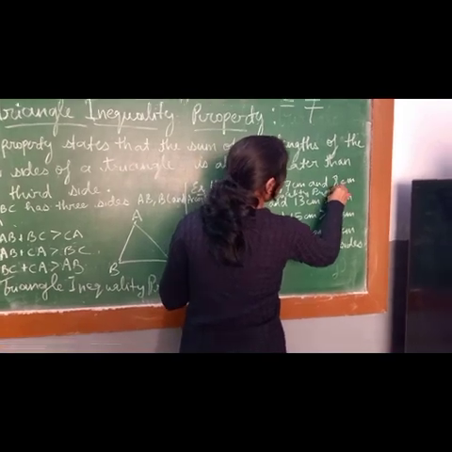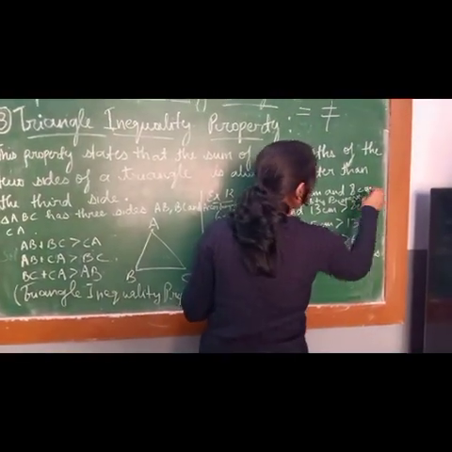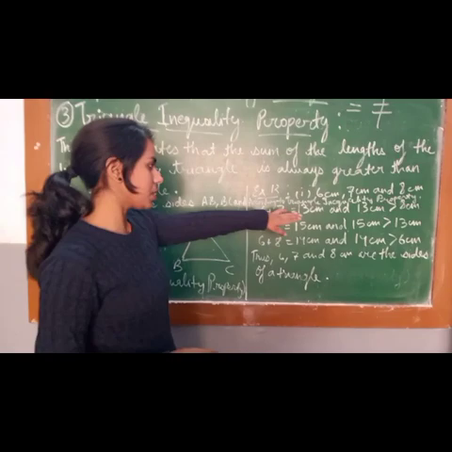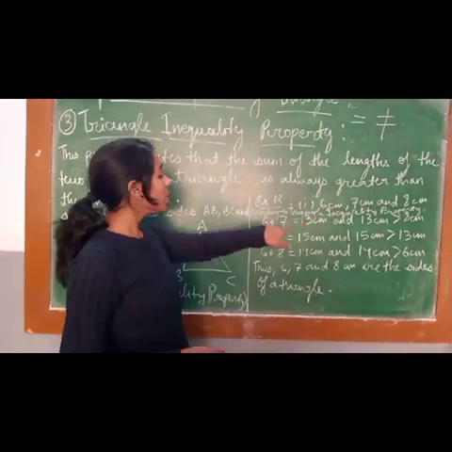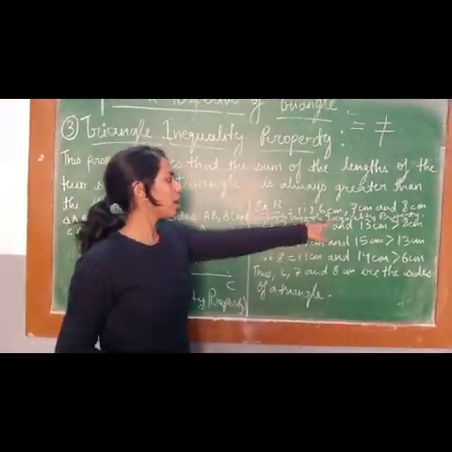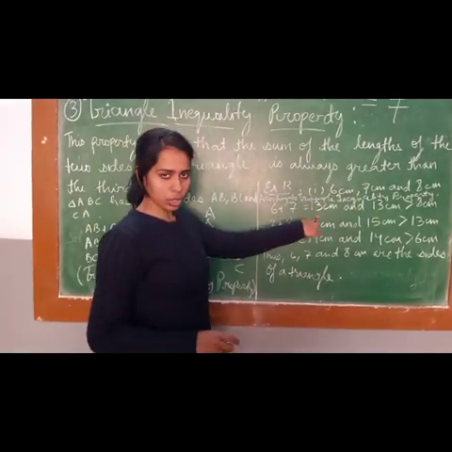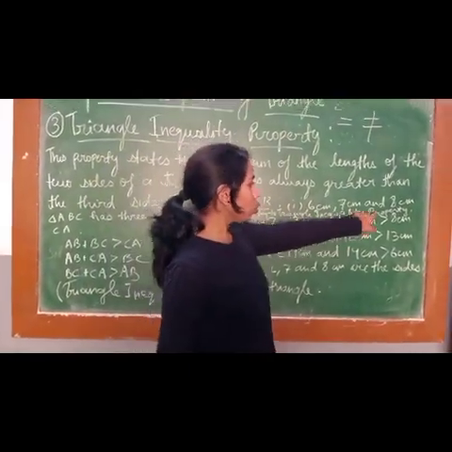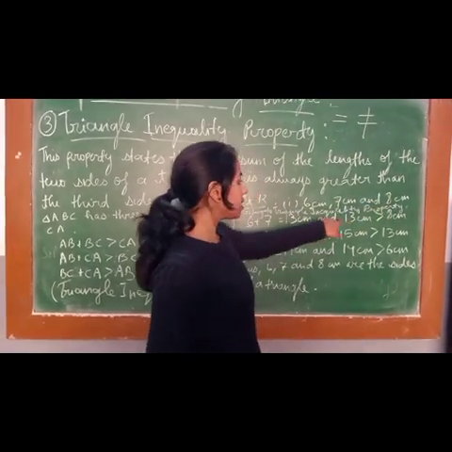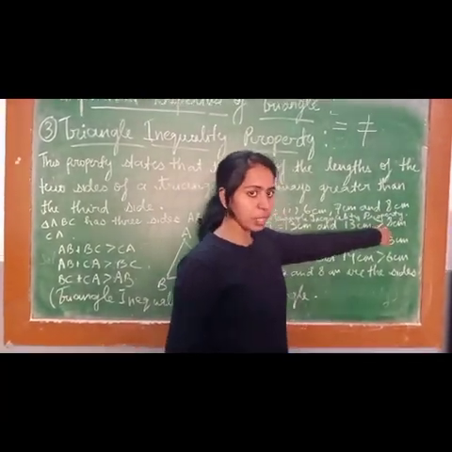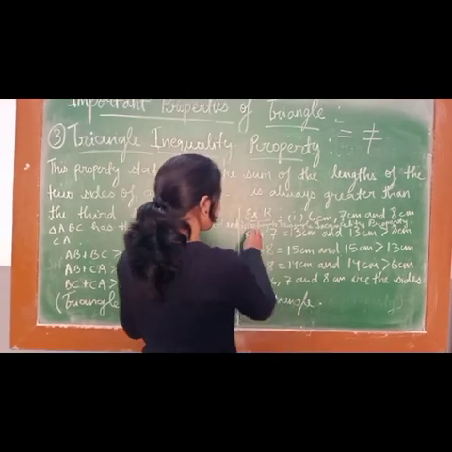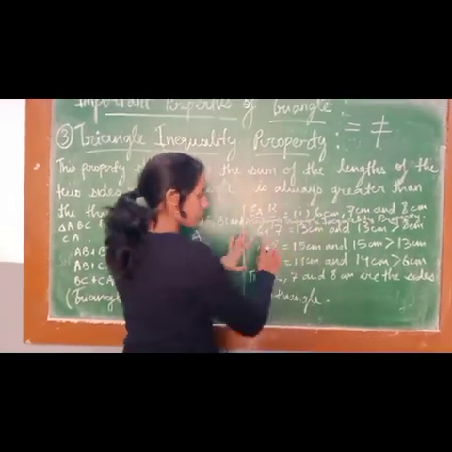Because this is necessary to write. You all know without reasons you will lose your marks. So it is mandatory to write the reasons. 6 plus 7 is equal to 13 centimeter. And you know the third side is 8 centimeter. 13 centimeter is always greater than 8 centimeter. So for these two sides it is valid.